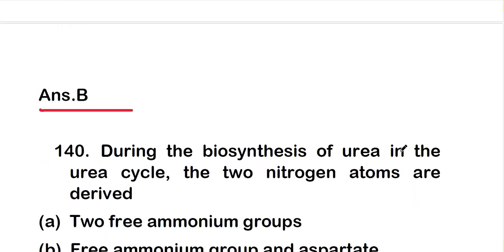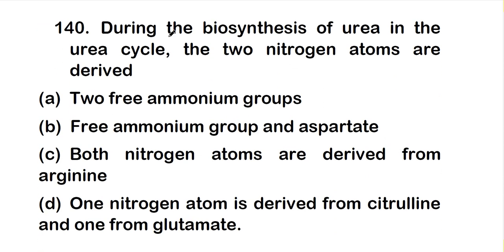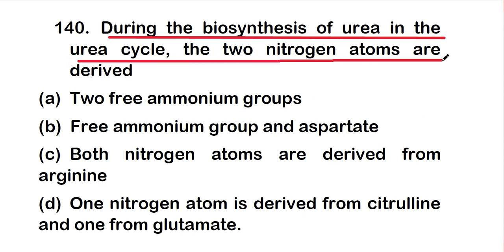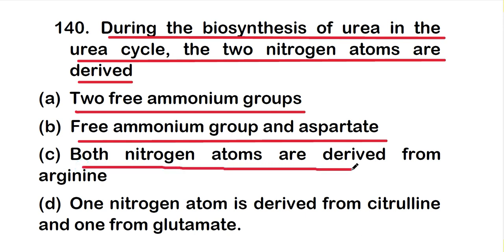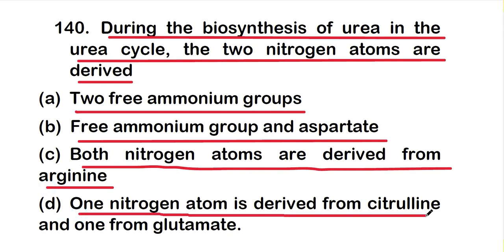So let's move on to the last question of this video, that is, during the biosynthesis of urea in the urea cycle, the two nitrogen atoms are derived from: option A, two free ammonia groups; option B, free ammonium group and aspartate; option C, both nitrogen atoms from arginine; or option D, one nitrogen atom from citrulline and one from glutamate.